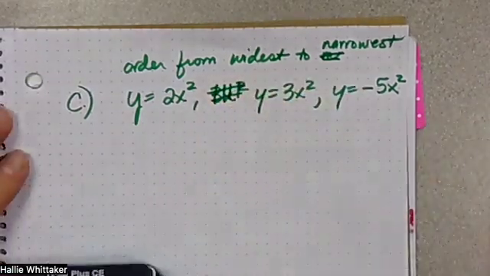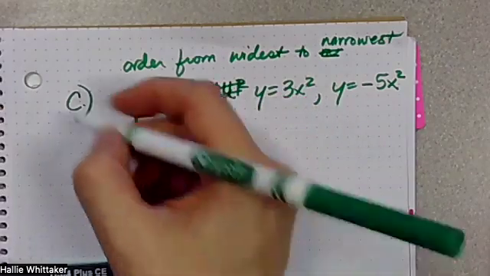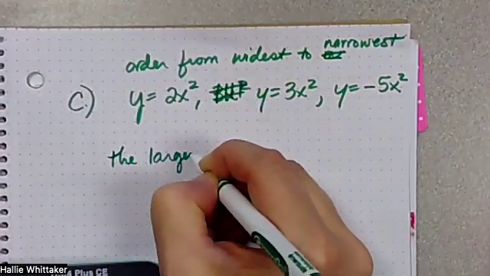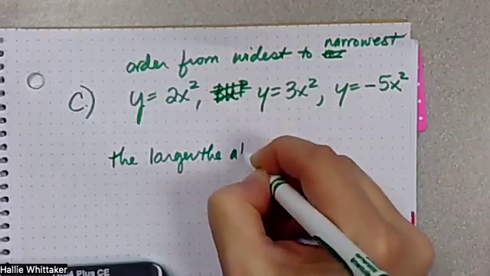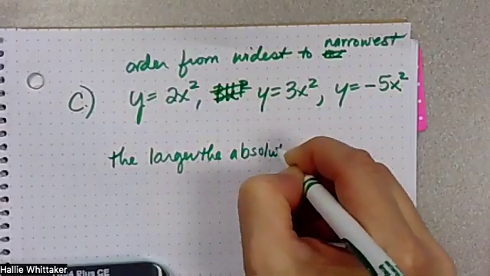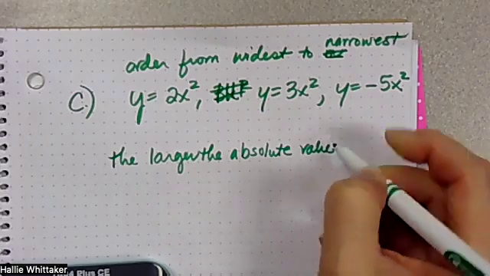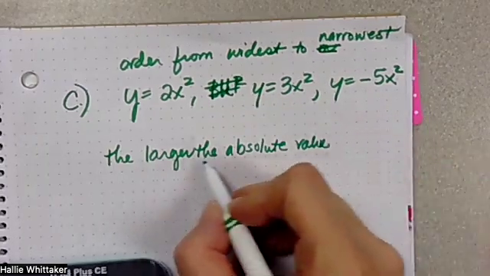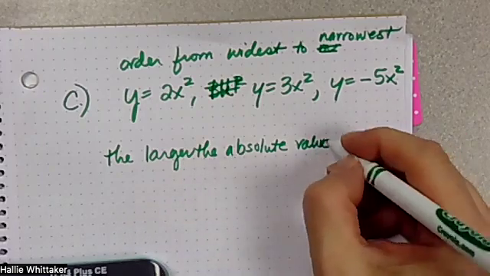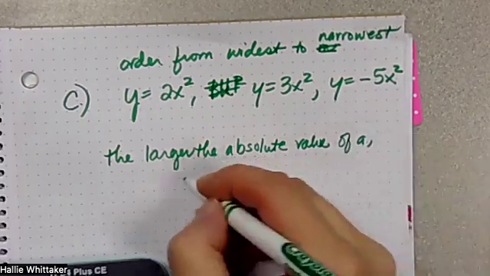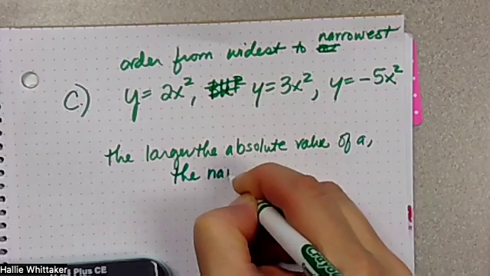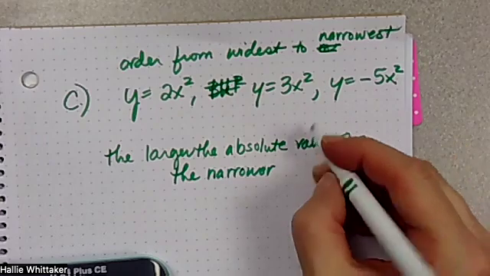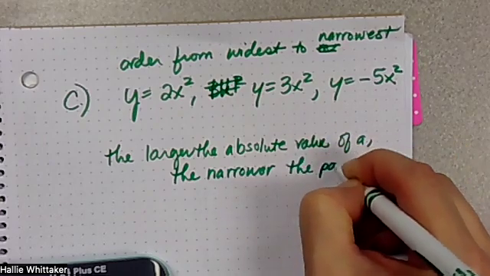So what I want you to remember here is the big clue for this: the larger the absolute value, so you're basically going to ignore the positive and the negative, the larger the absolute value of A, the more narrow the parabola.